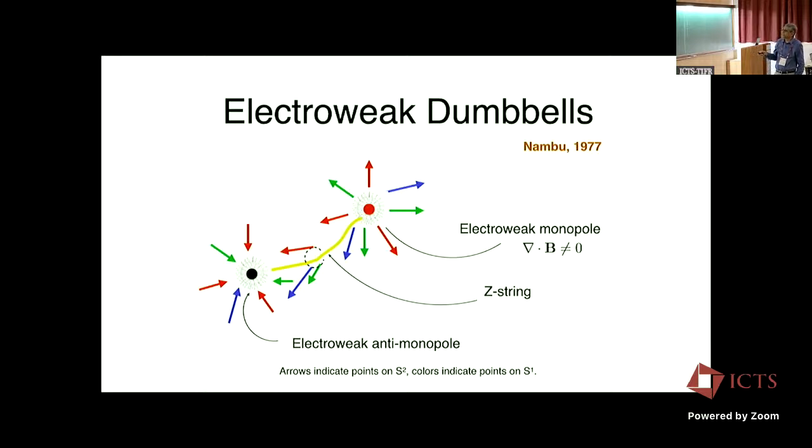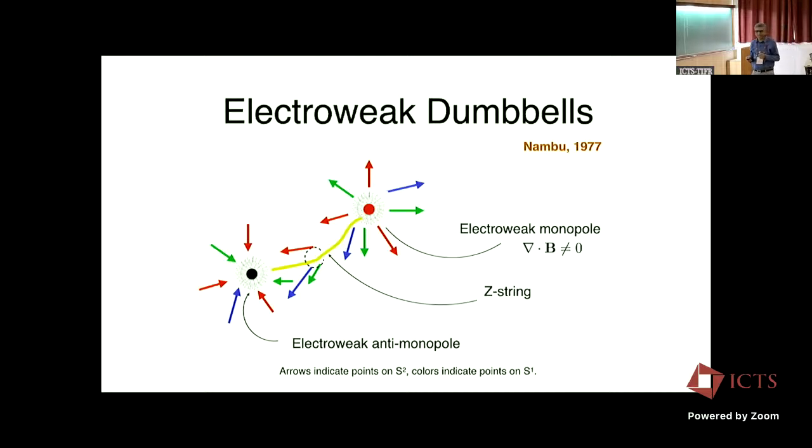You shouldn't think of the string as returning the magnetic flux, because the string is made up of a completely different field, the Z gauge field. So this is a configuration of an electroweak monopole and an electroweak anti-monopole connected by a Z string.